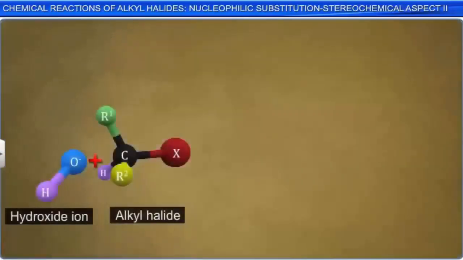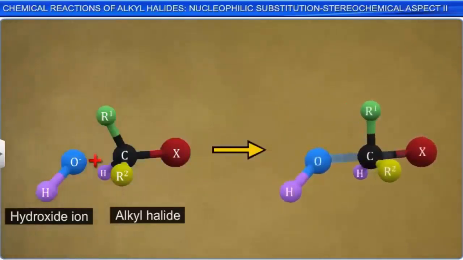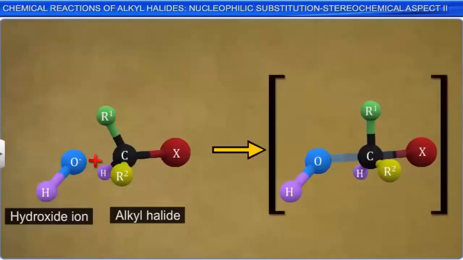Here, the nucleophile attacks from the direction opposite to that of the leaving group, which is also known as a backside attack. In this process, the displacement of the leaving group from the carbon atom of the substrate and the formation of a new bond with the nucleophile take place simultaneously. This results in an unstable transition state with 5 bonds.